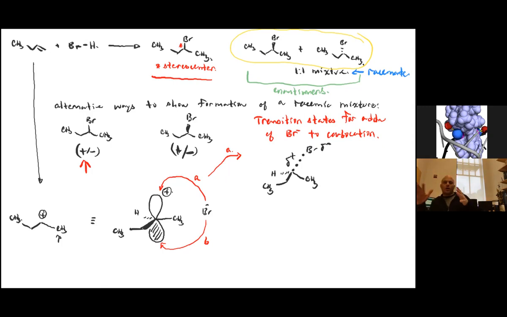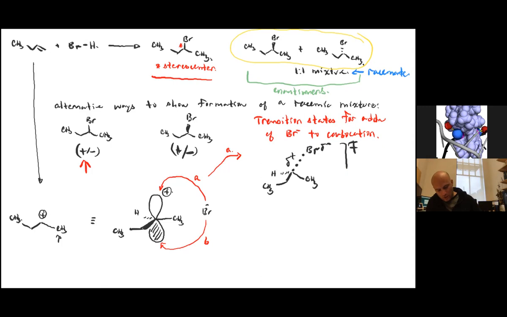From the standpoint of the carbocation, it's starting to accept electrons from the bromide. The overall charge is less than +1 now. And from the standpoint of bromide, it's starting to donate electrons to carbon, and so its overall negative charge is less than 1. It gets closer to 0. So this is a rough geometry of the transition state. And I put the double dagger there to emphasize that it's the transition state.